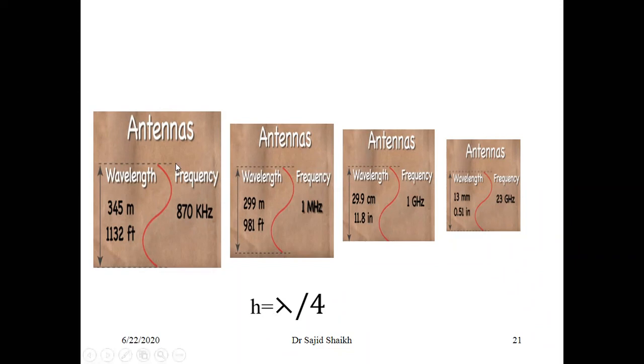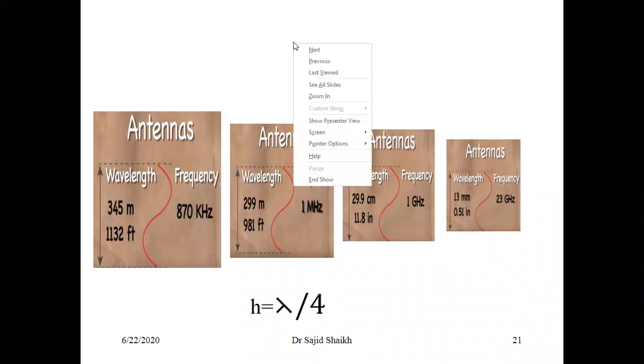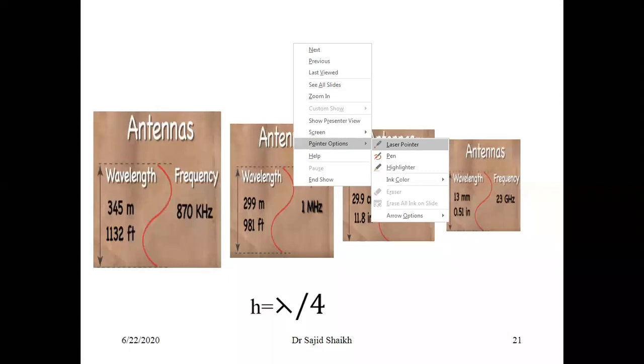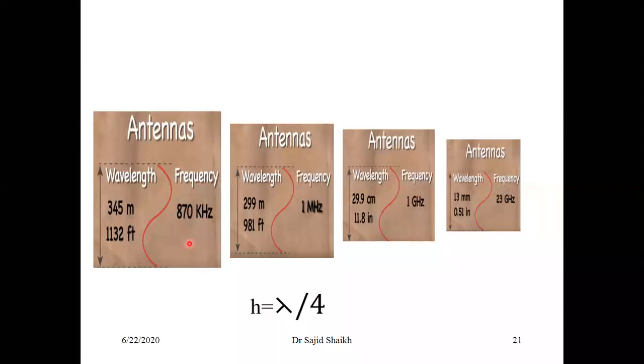If you observe this diagram, in the first block the frequency is 870 kilohertz. From this frequency we can calculate the wavelength, since lambda is equal to c divided by f. From that wavelength you can find the height of the antenna, since h is equal to lambda divided by 4.